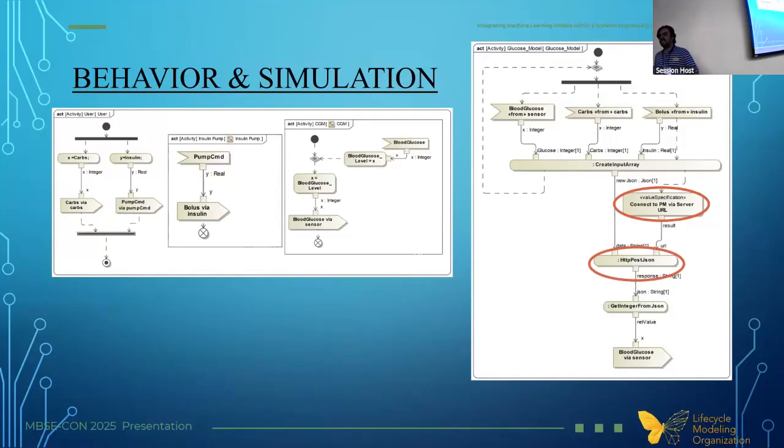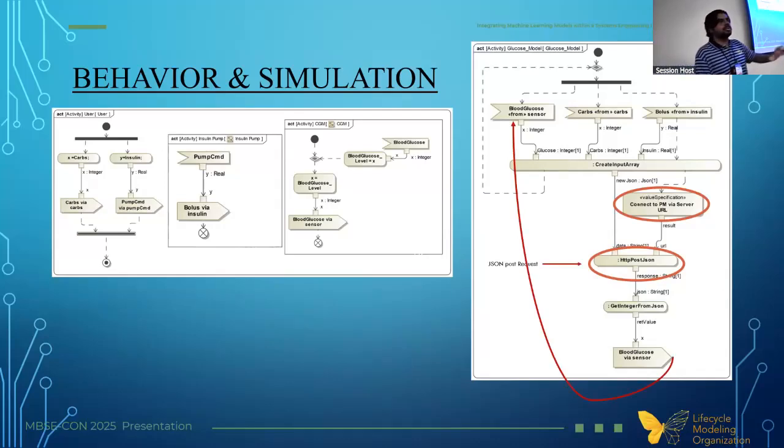The predictive model takes it, evaluates it, and sends a predicted value of the patient's blood glucose 5 minutes down the line. And once the simulation starts turning into a loop, the output from this becomes the input for subsequent simulations. So effectively, I just replaced the entire patient with a predictive model in my simulation.